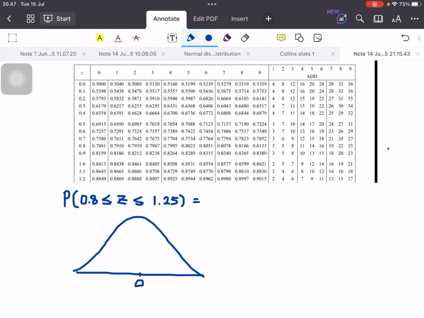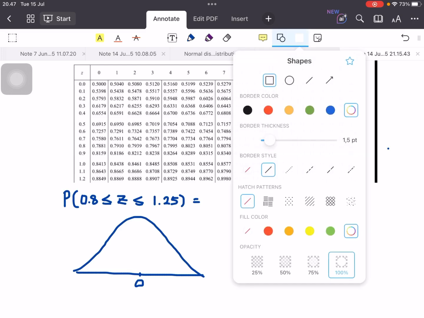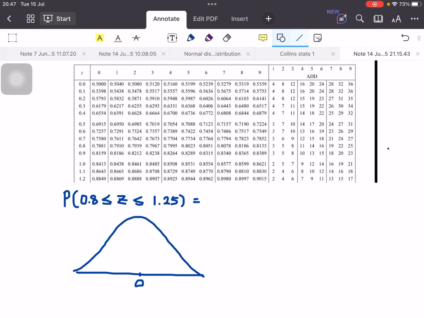Just like a number line, the position of 0.8 is about here. This one is 0.8. And then 1.25 is this one. So 0.8 here and 1.25 here. We are going to find the area of this shaded region.